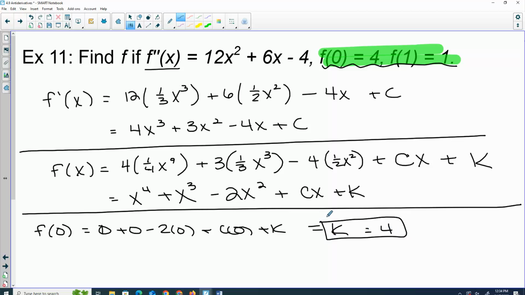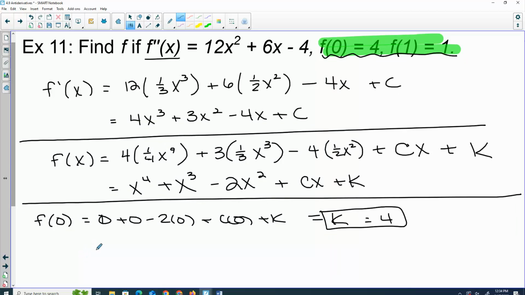Does everyone understand how I got that part? So at this point, my function is x to the 4th plus x cubed minus 2x squared plus c times x plus 4.